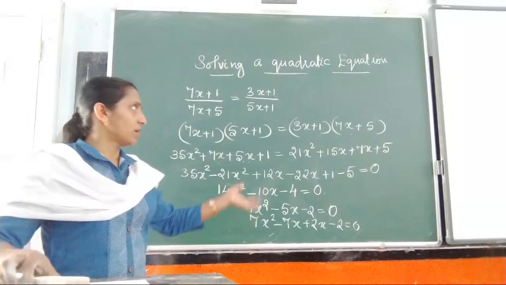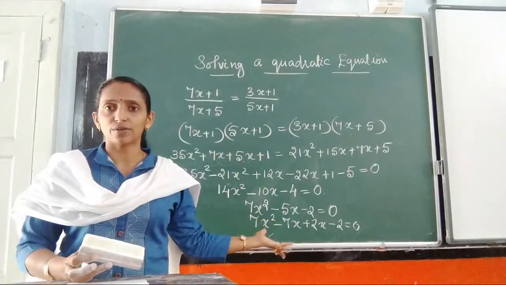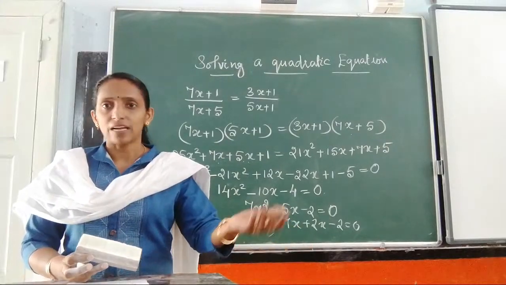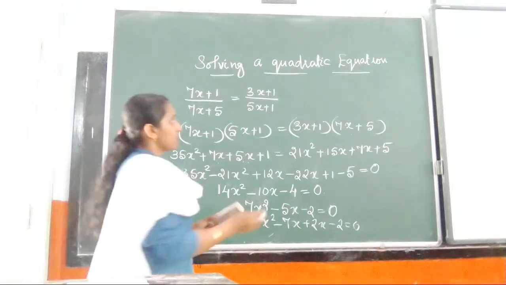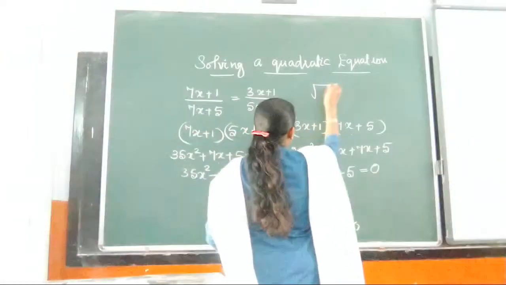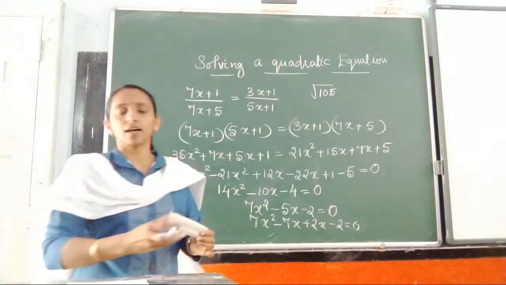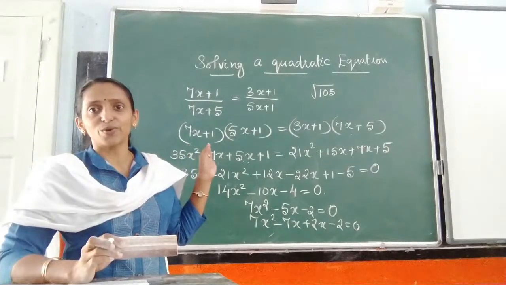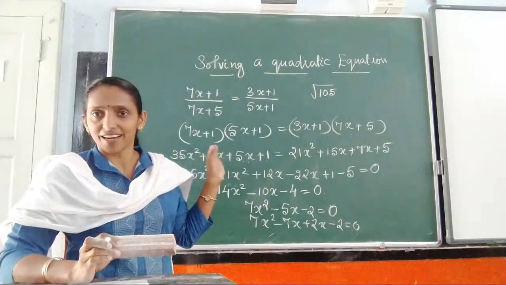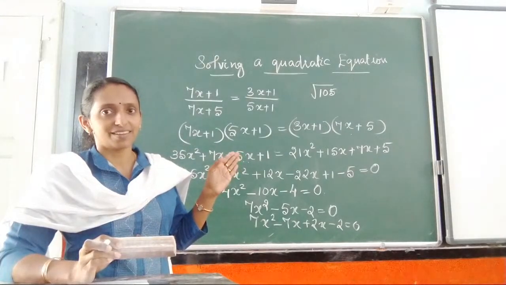So you know, we have some perfect numbers, 49, 64, 121, 225. Clearly we have the square root. Rather than that, if you have under root 105, you should know how to take out the square root of 105 by the long division method.